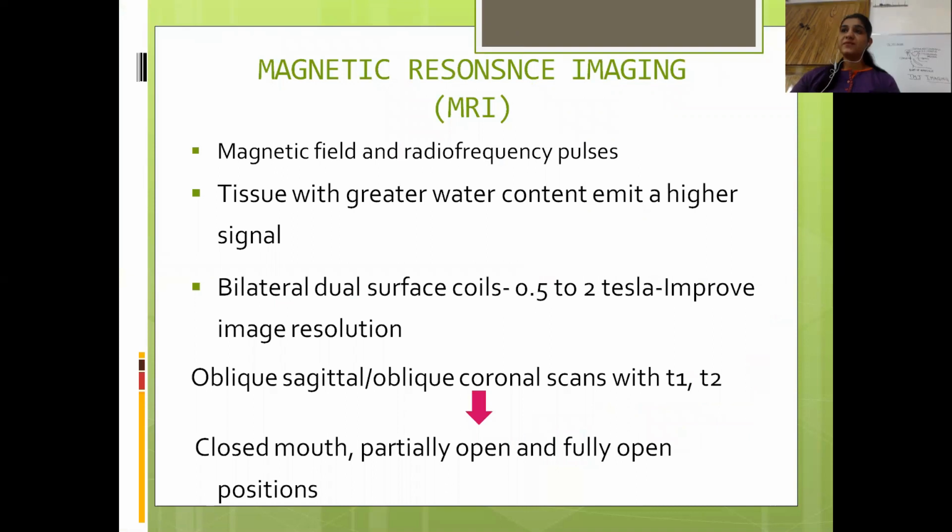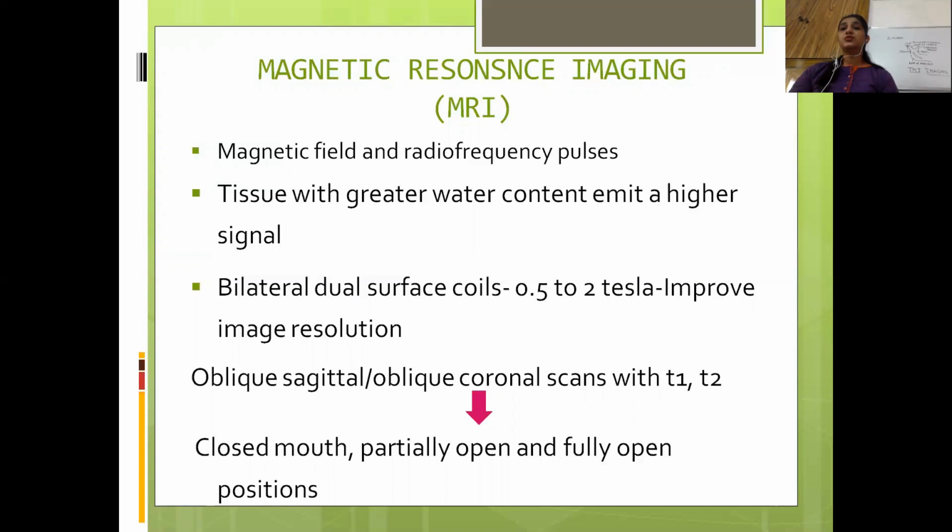Then comes another advanced imaging modality, that is magnetic resonance imaging or MRI. MRI is mostly advised for patients with joint space disturbances in the soft tissue, in the interarticular disc space, and we advise magnetic resonance imaging in disc derangements, when the disc is causing some problem during the translatory movement of the mandible.